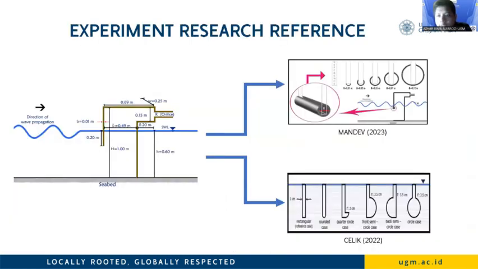The next interesting experiment on OWC efficiency optimization is by Selig and Mandev. In this study, the OWC modified its underlip shape to improve efficiency, and surprisingly, this small modification is capable of improving efficiency quite satisfactorily. What's more, this change is quite simple, so applying it to OWCs that are already in the field is very possible.